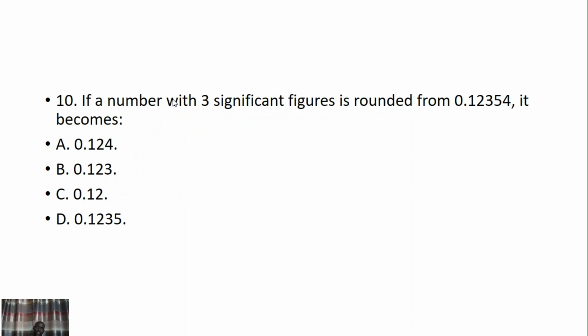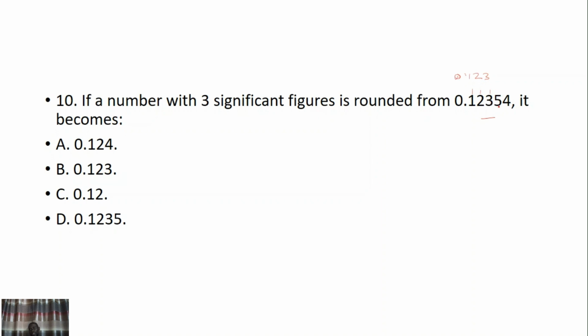Next question. If a number with three significant figures is rounded from this, what will be the value? Look at this. How many significant figures is this? That is five significant figures, right? Good. Now I want to convert it to three significant figures. So what we'll do is we'll get the first three significant figures. One, two, three. That is 0.12. We're supposed to write 3 here, right?